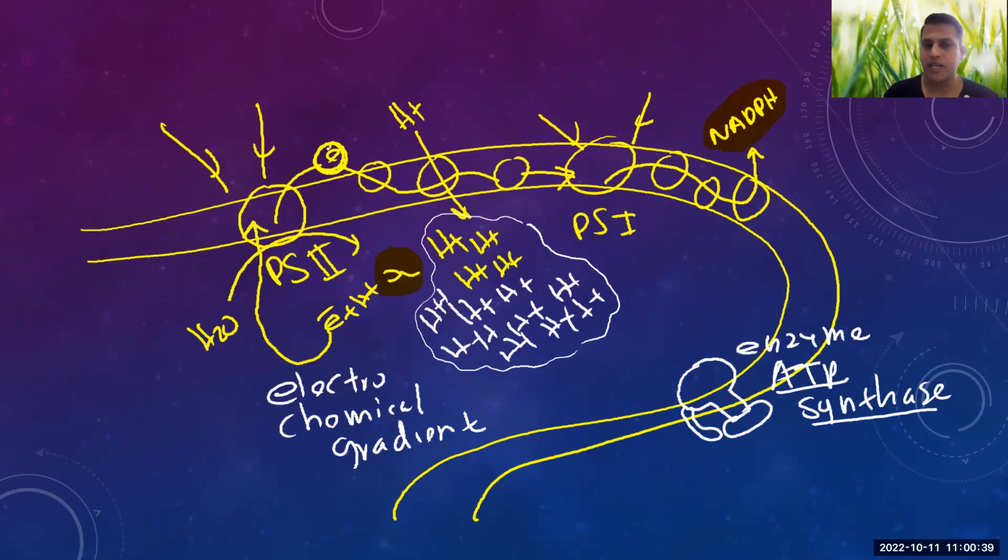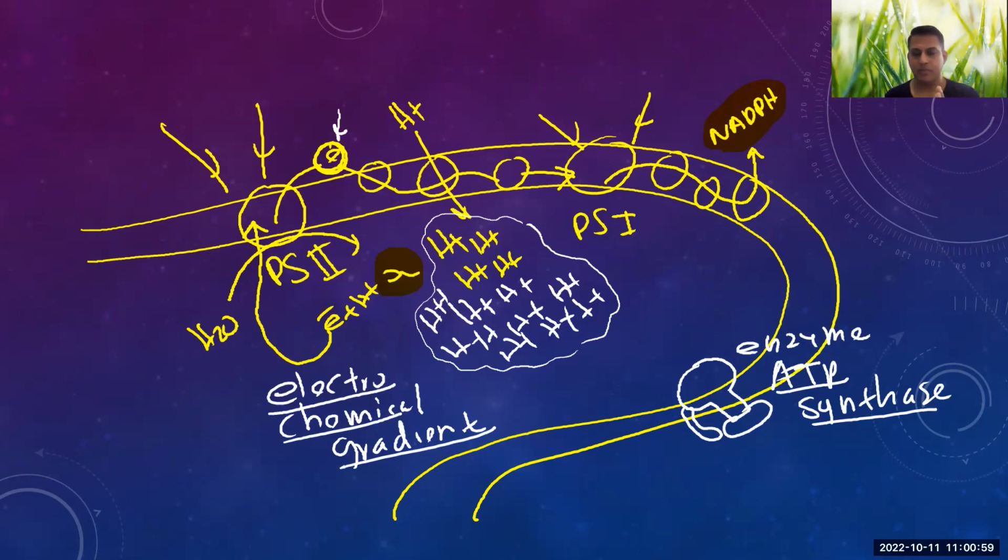Because this electron energy is used to pump, that energy is transferred to create this gradient. So we call it an electrochemical gradient created by the proton or hydrogen ion.